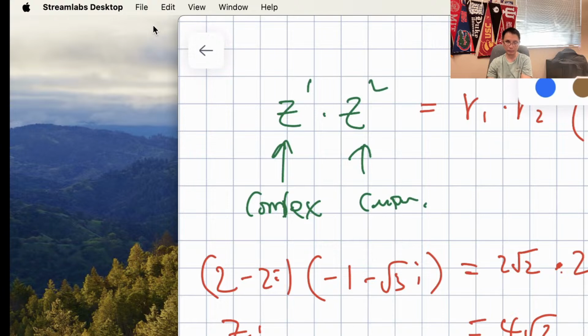Negative what? 5.464. Give me one more digit. 5.464.